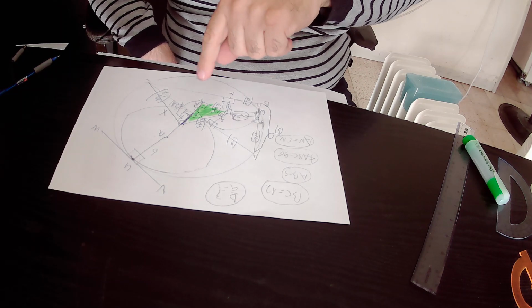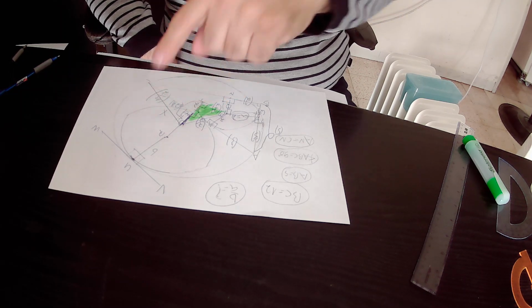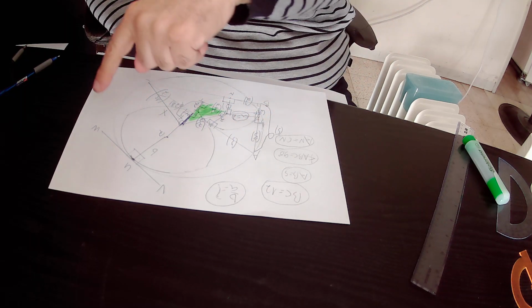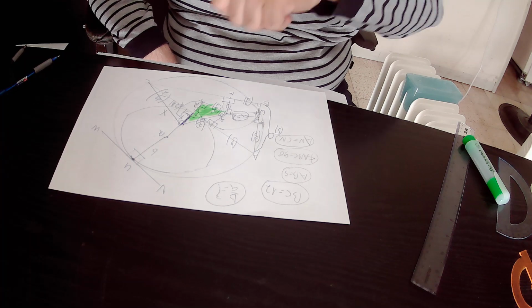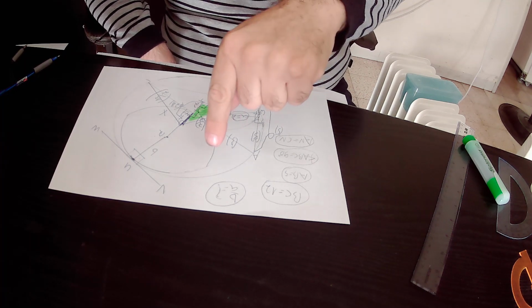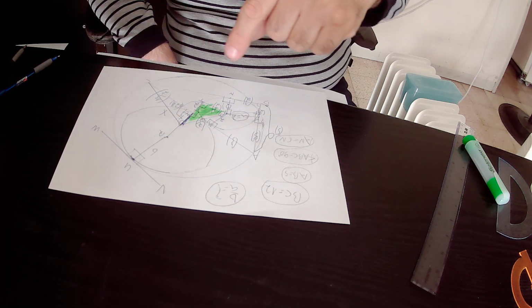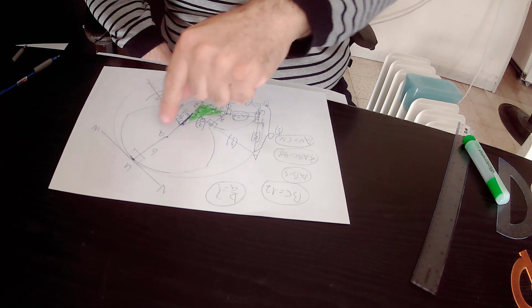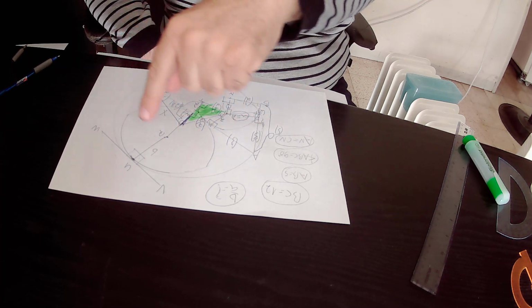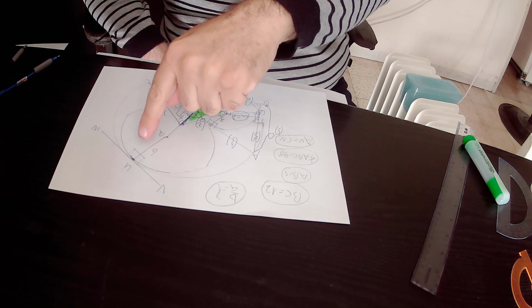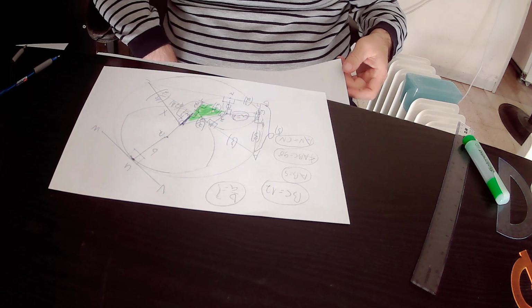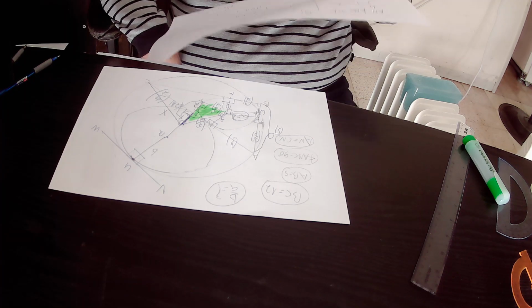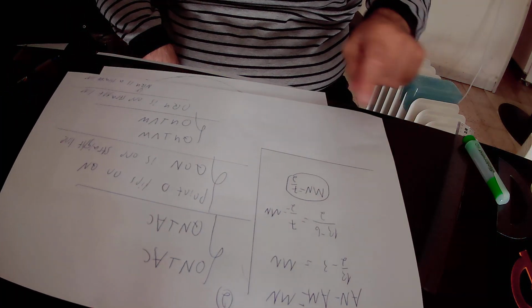The radius QU is drawn to point U, that is the point of tangency of tangent VW with this circle. And whenever a radius is drawn to the point of tangency, then tangent VW will be perpendicular to the radius UQ. If VW is perpendicular to UQ, it means that this angle equals 90 degrees and this angle equals 90 degrees. So I can find out that QU is perpendicular to VW.